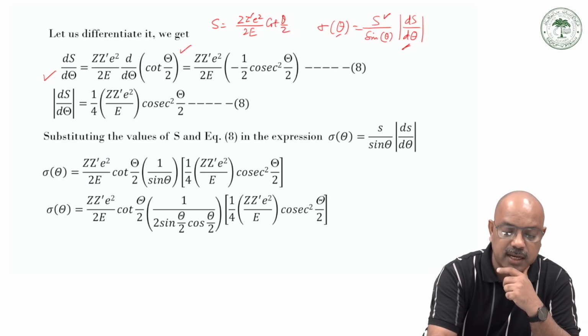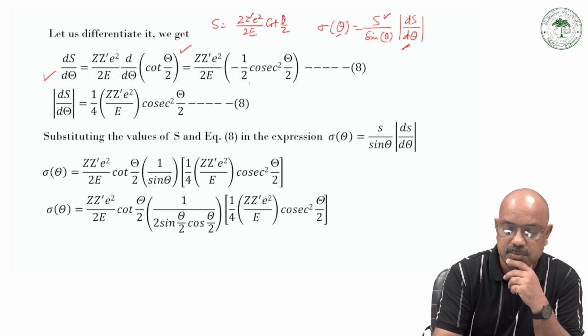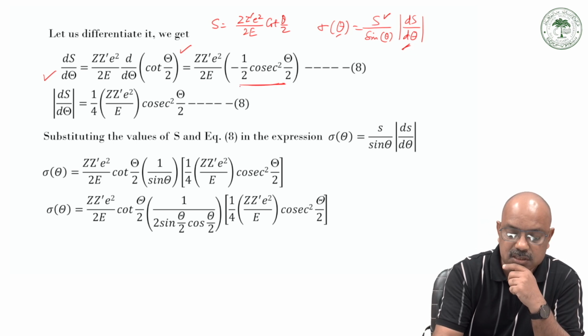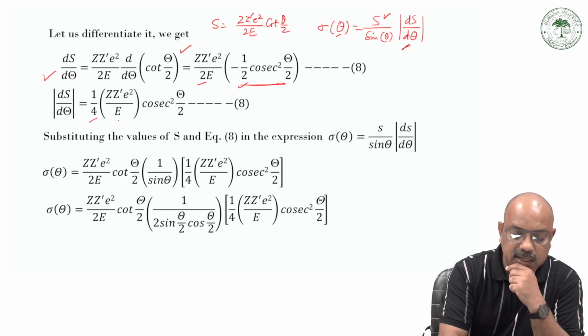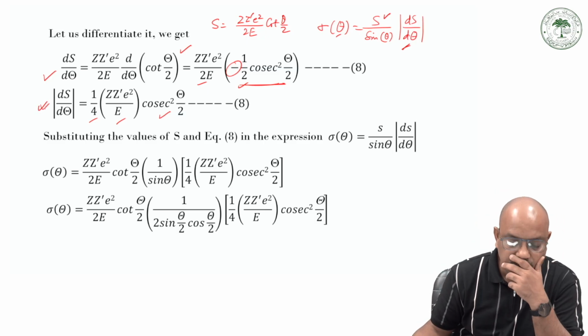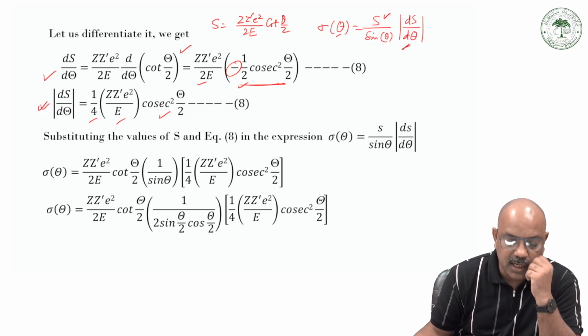Differentiating, the derivative of cot theta by 2 is minus half cosec squared theta by 2. So the half becomes a 4 in the denominator, and we get rid of the negative sign because we are working with the modulus quantity, that is going to be the s and theta dependence.